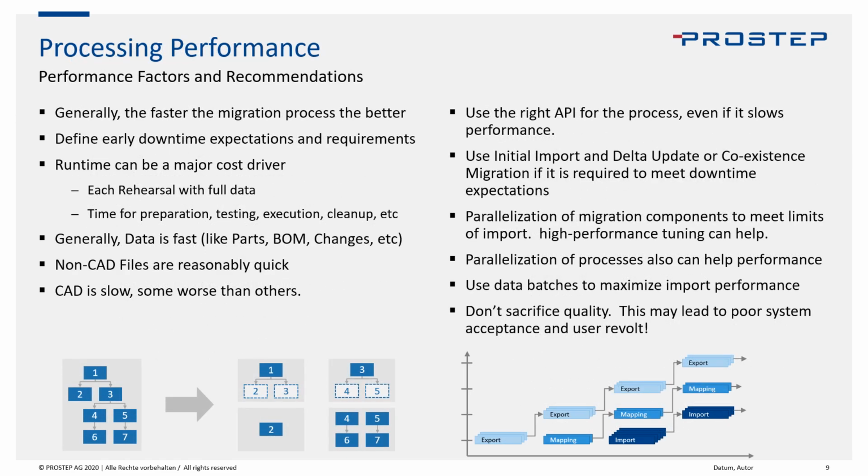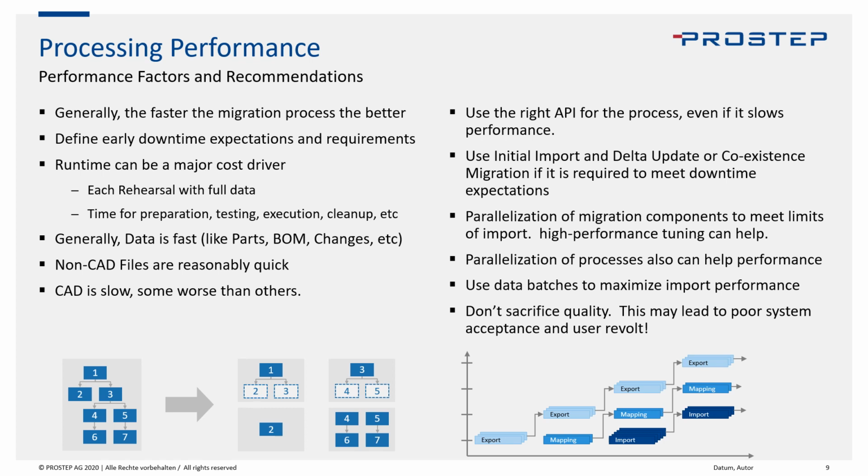And in general, performance is a major consideration when doing data migration. We're talking about the ability to quickly export, map, transform, and import data. Generally, the faster the migration, the better. And that needs to be defined early with the requirements, what the expectation is, because that's going to drive things during the migration that take time and expense.